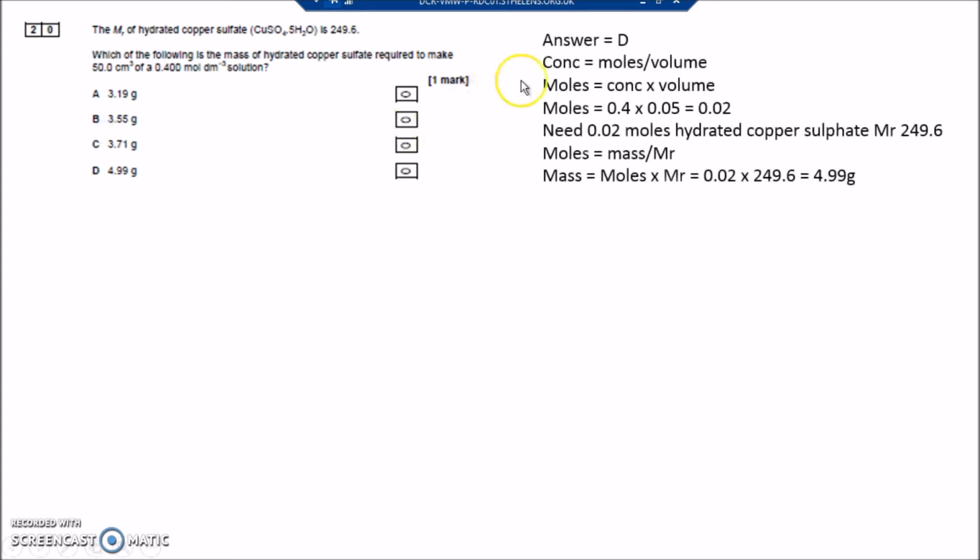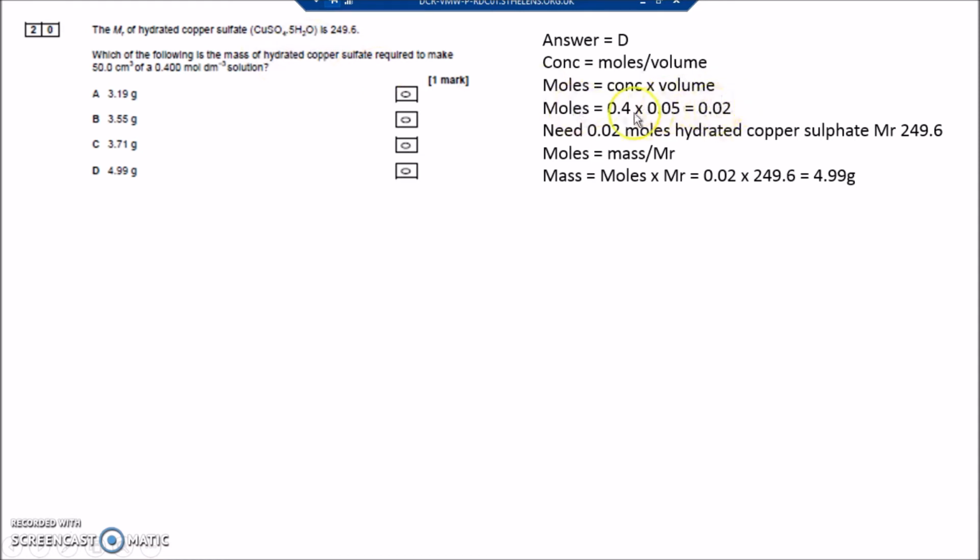So let's do spoilers. Moles is concentration times volume. Moles is 0.4, that's the concentration, multiplied by 0.05. That's 50 centimeters cubed, divided by 1000 is 0.05. I've got 0.02 moles of copper sulfate in my solution. So what's the mass of copper sulfate that I needed to add?